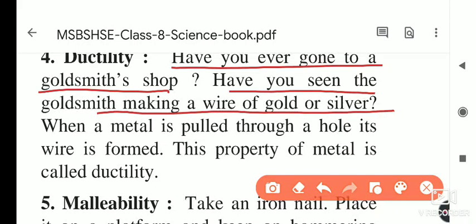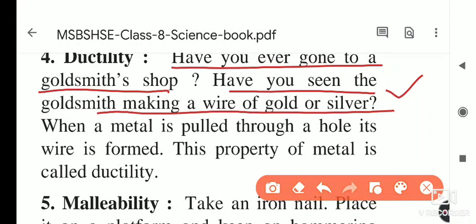He is making wires from gold and silver. If you have not seen it, then open an unused wire, and inside it you will notice gold, copper and silver colored wires, that is, aluminium wires are present inside. And this type of wire we can draw only from metals.